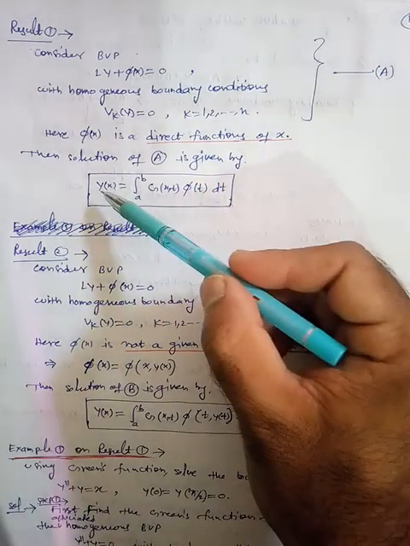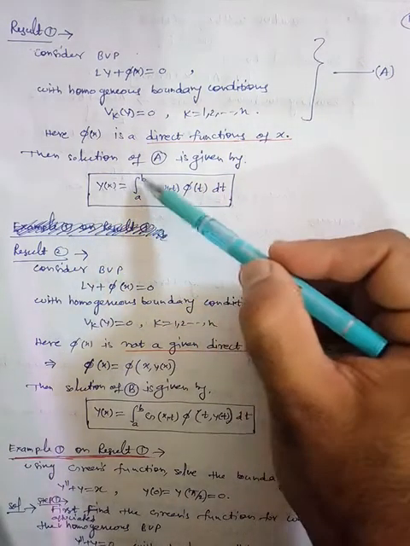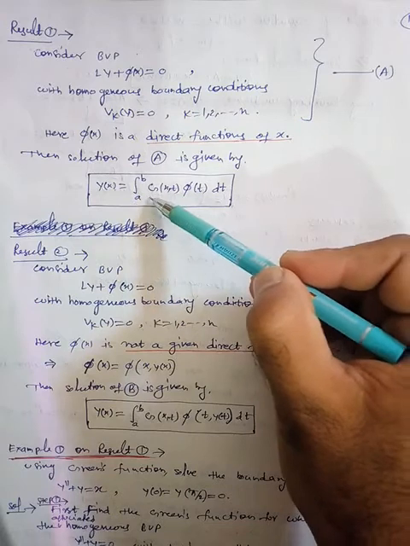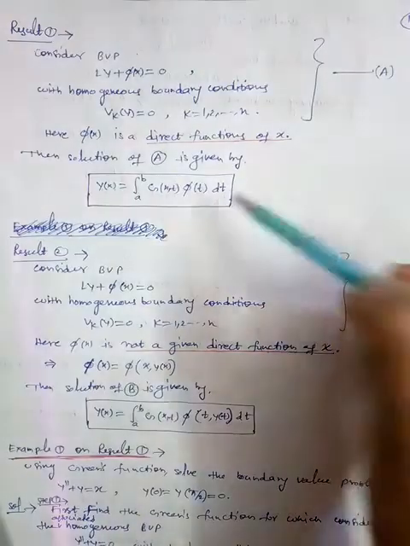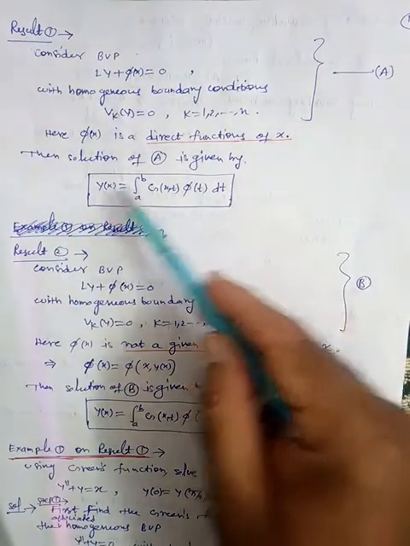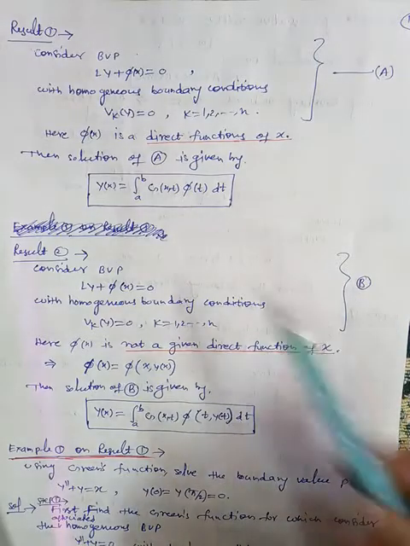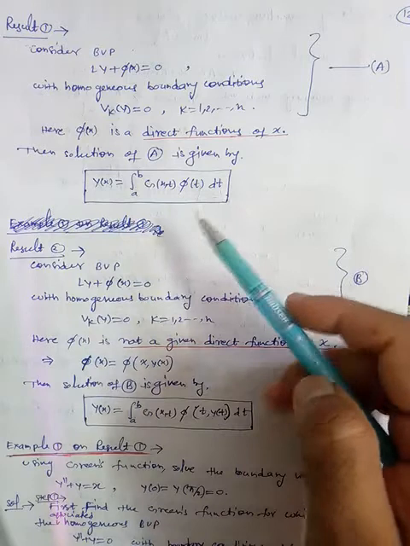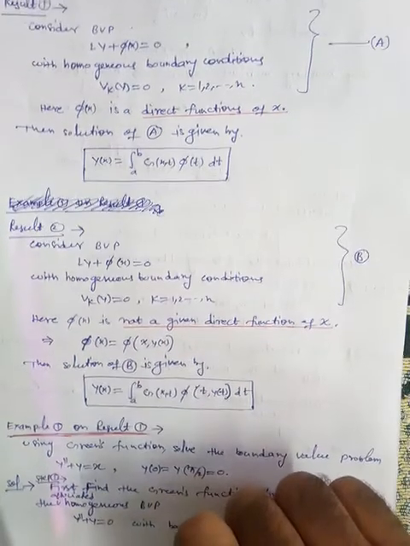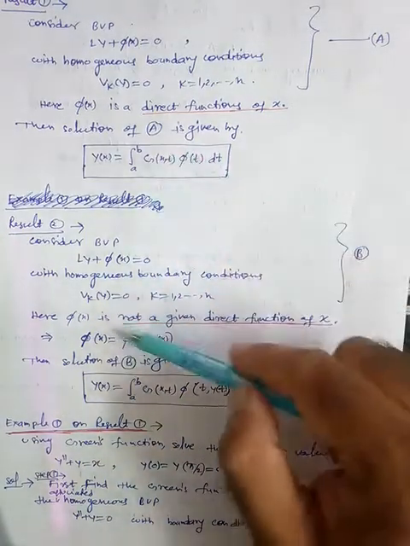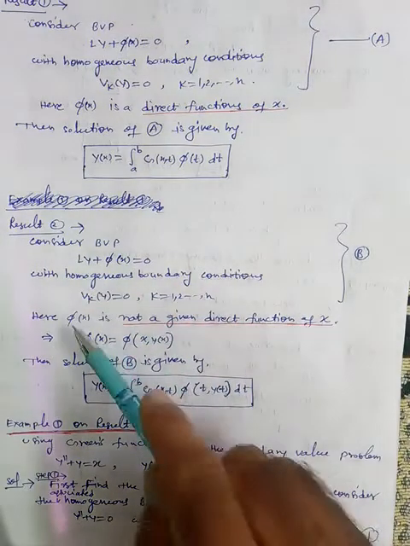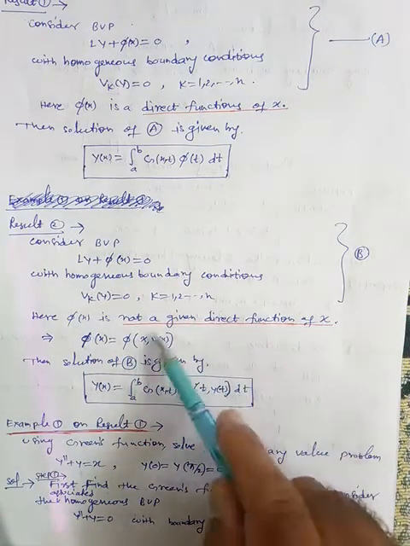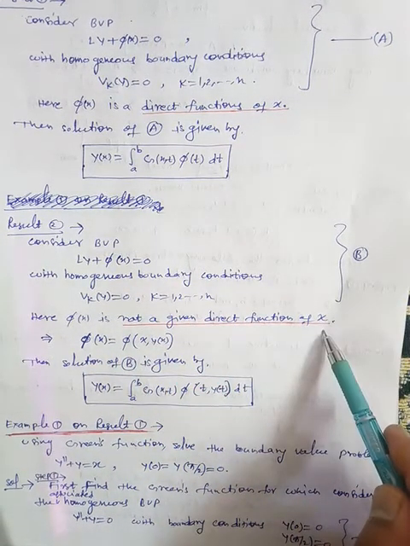Then the solution is given by y(x) equals the integral from a to b of G(x,t) phi(t) dt. Okay, so this is the solution, and we will reuse this result. Now the second is: the difference between first and second is only that here phi x is not a given direct function of x.